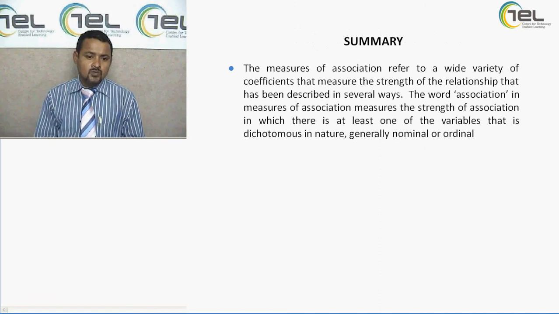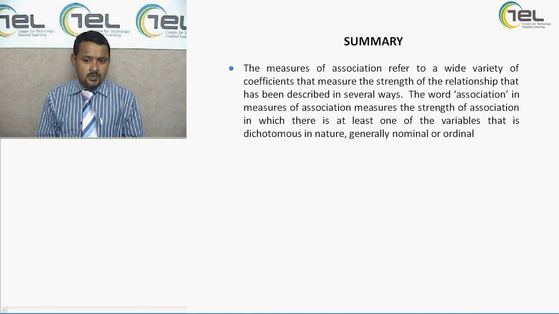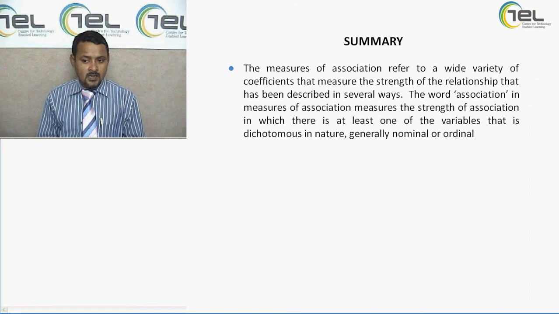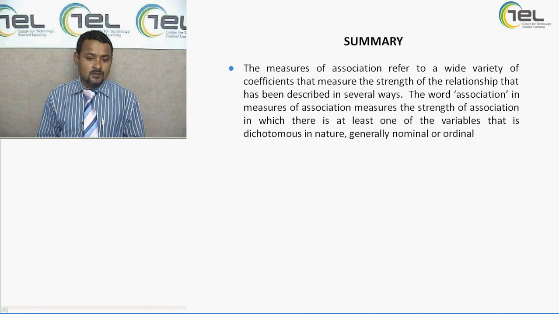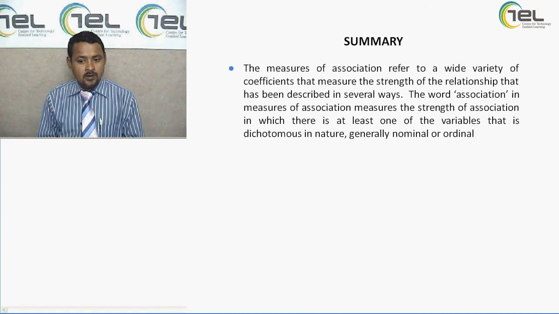The measures of association refer to a wide variety of coefficients that measure the strength of the relationship that exists. The strength of the relationship can be described in several ways. The word association particularly measures the strength of relationship of at least one variable with that of the other variable.